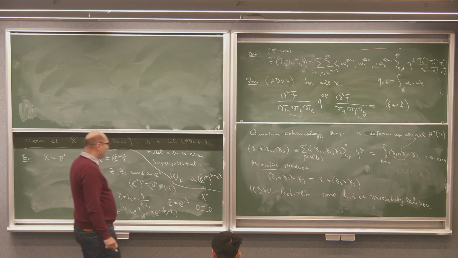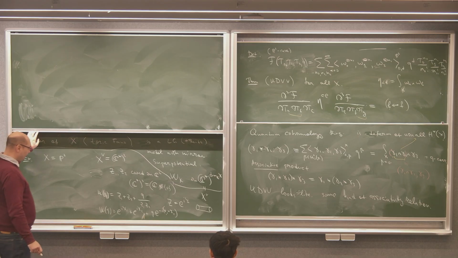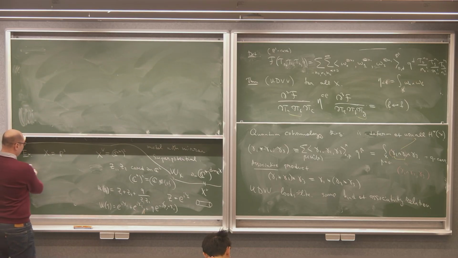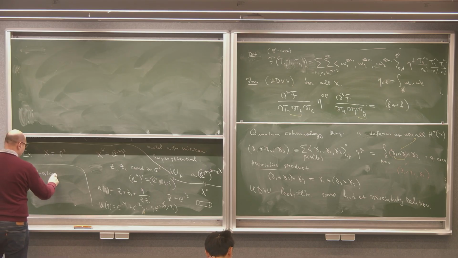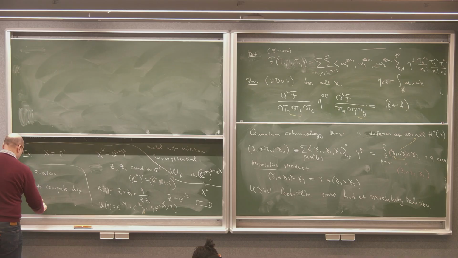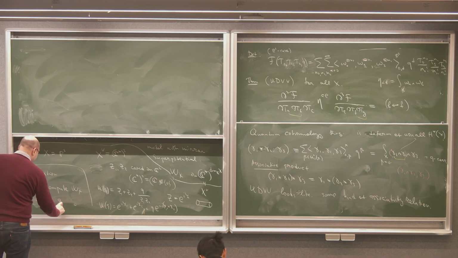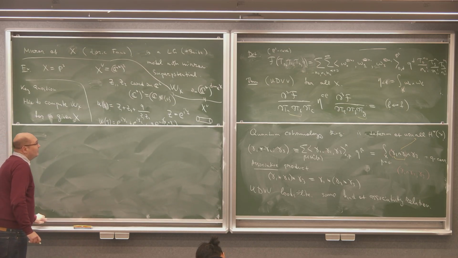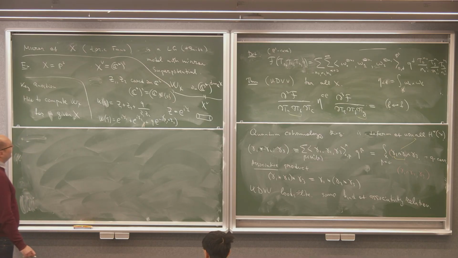Therefore, the key question in mirror symmetry is how to compute W_X for a given X. That is the question we are going to carefully answer in the tropical mirror setting.